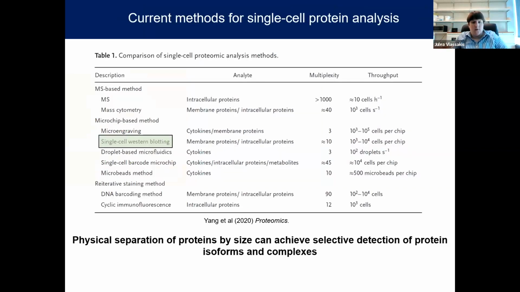Okay, so all this so far has been kind of the types of single cell proteomic methods that are antibody based and not using any sort of other separation step to achieve selectivity. But if we think about the protein isoforms and complexes that I mentioned at the beginning of the talk, of course, there are proteins for which a single antibody binding event isn't going to tell you which protein is actually present, or if your isoform of interest is present.